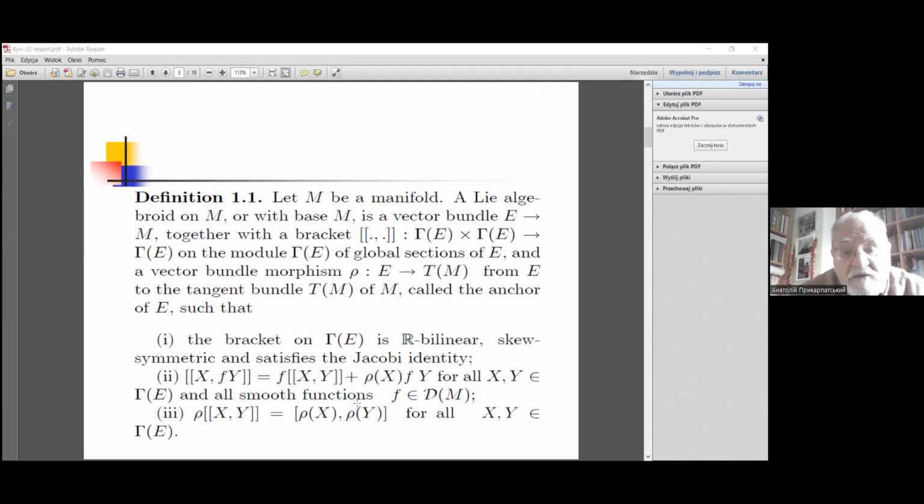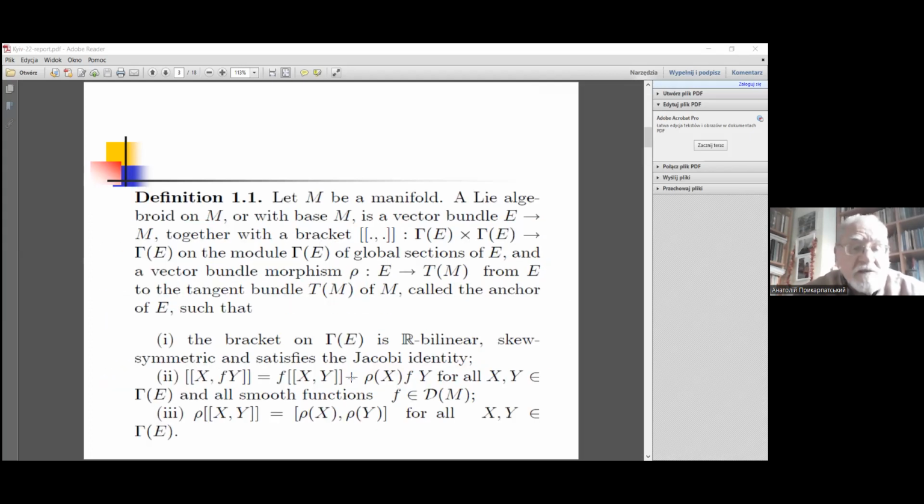So we have the following identity, where rho x is the usual vector field defined on the manifold M, because rho x belongs to the tangent space of M. And the third one: the morphism rho satisfies the standard homomorphism property of Lie algebras. So the commutator on the space of sections gamma E passes to the commutator of the vector fields on the manifold M.